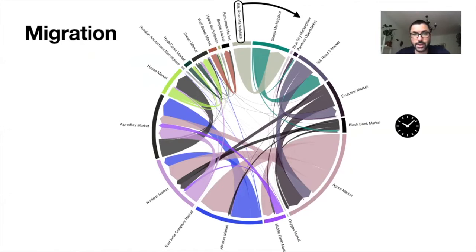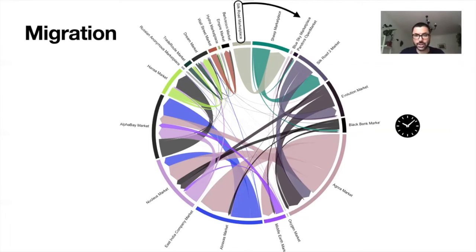Silk Road Marketplace sent most of its users to Ship. Ship then was shut down and sent its users to Silk Road 2 Market. Silk Road 2 to Evolution and Agora. Agora mostly to Abraxas, but also partially to Nucleus, and so on and so forth.